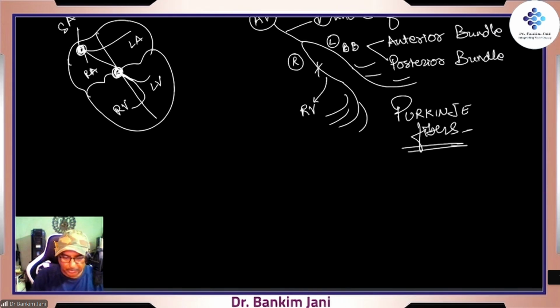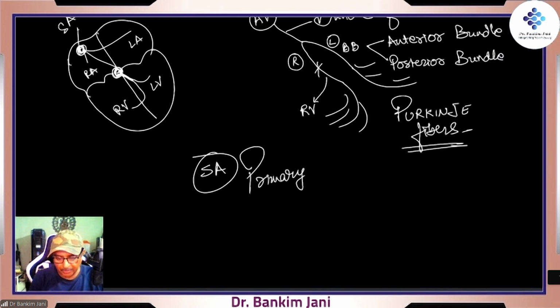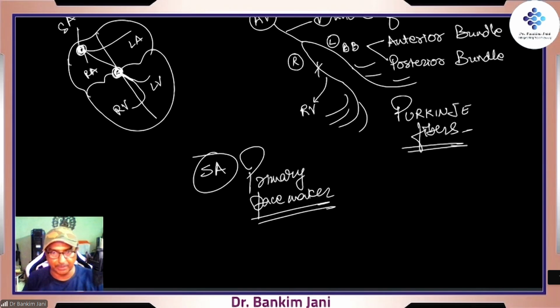Now, that's our SA node, right? This is what is called the primary pacemaker. Pacemaker means what? When you run a marathon, there are some pacers.